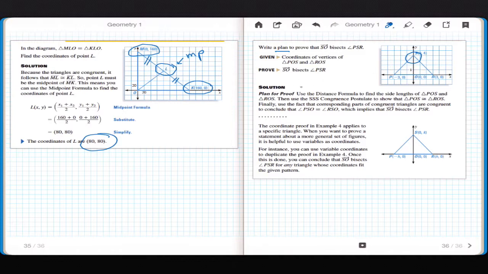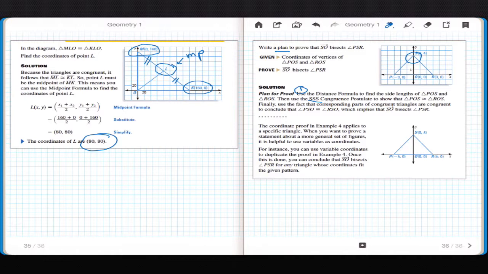So the plan is, first, use the distance formula to find the side lengths of triangles POS and ROS. So they just want to know, find out the lengths of the sides, and if you find out all of those lengths, then you can use that side congruence postulate to show that the triangles are congruent.